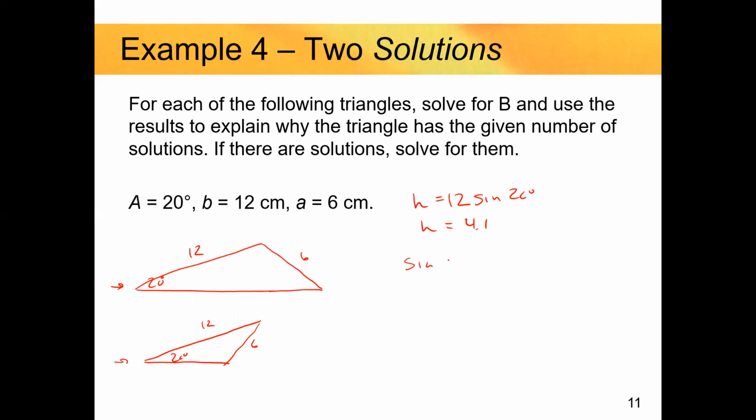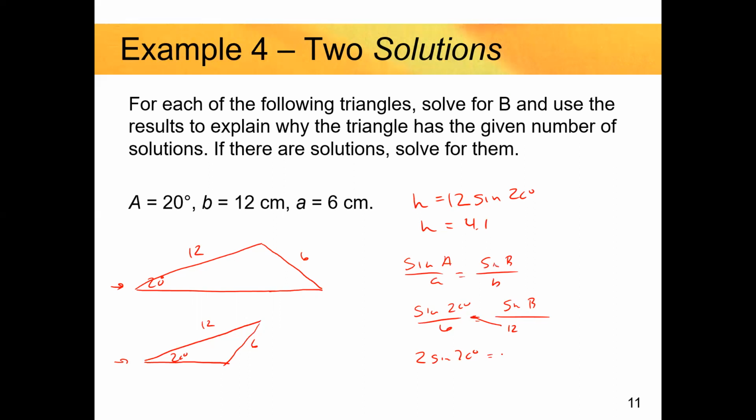So sine of A over little a equals sine of B over little b gives us sine of 20 degrees over 6, equals sine of B over 12. We multiply this through and we get 2 sine of 20.